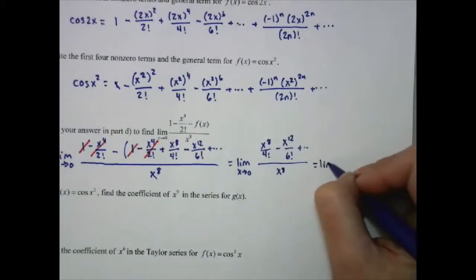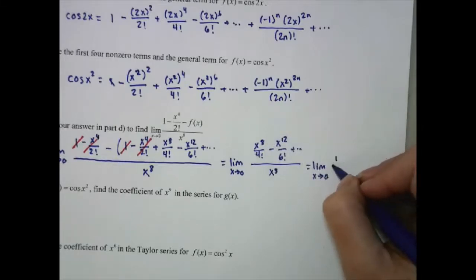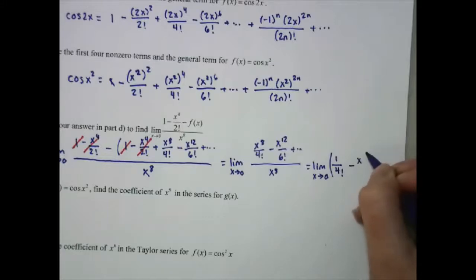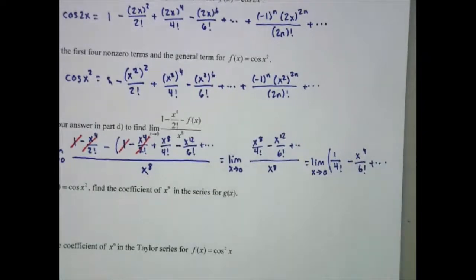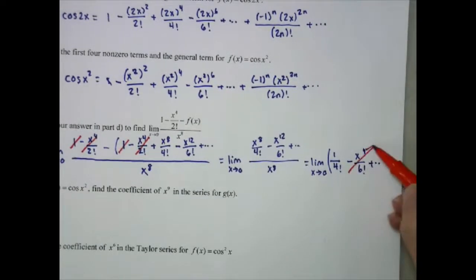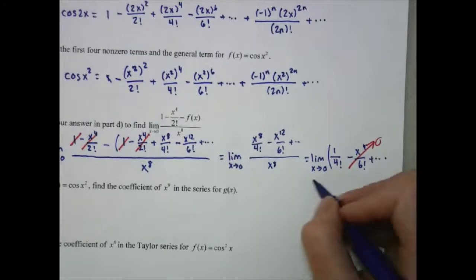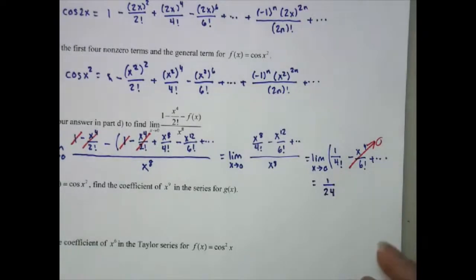So now we have the limit as x goes to 0. This divided by x to the 8th is just going to be 1 over 4 factorial minus x to the 4th over 6 factorial, and so on. Everything after this is going to contain an x, so as we go to 0, that's going to go away. So we're left with 1 over 4 factorial, which is 1 over 24.